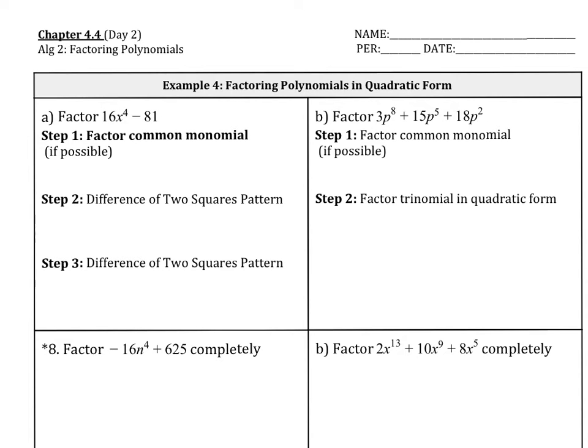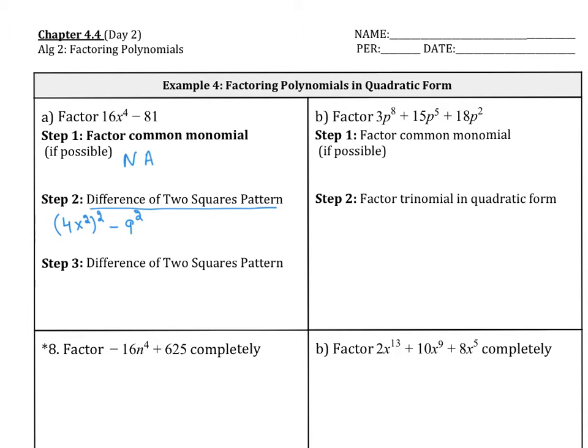If we don't have any common monomial, then we are going to skip the first step, and then we are going to find the difference of two squares pattern. Since step number 1 is not applicable, we're going to write NA. For the difference of two squares pattern, we are going to write this as 4x squared to the power 2 minus 9 squared.